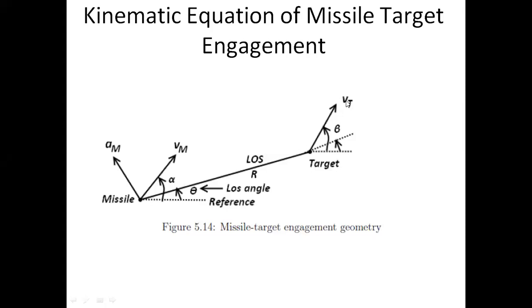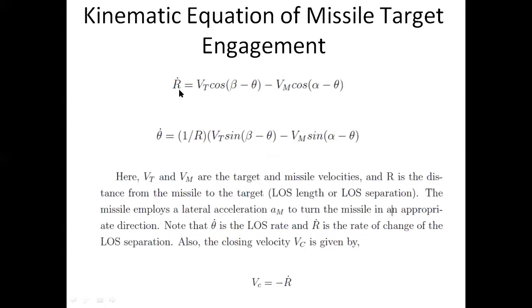It is the velocity component of the target in the direction of LOS and the component of missile velocity in the direction of LOS. If you resolve the velocity components Vm and Vt in the direction of LOS, we get R dot, that is the rate of LOS or negative of the closing velocity. This is how you got Vt cos(beta minus theta).